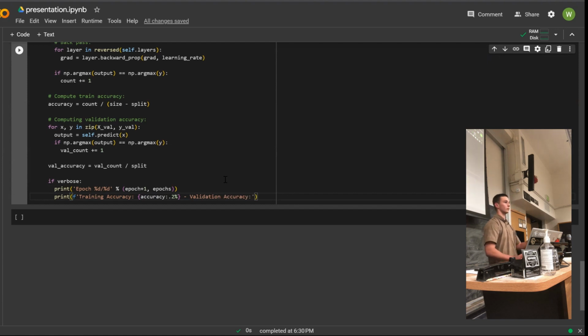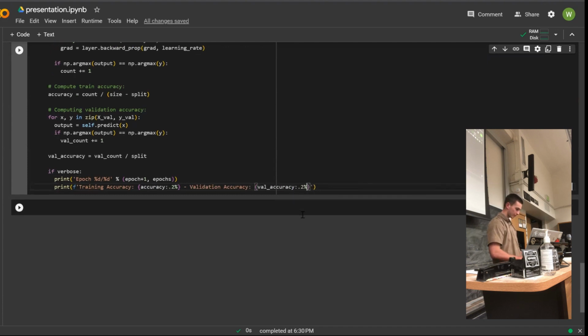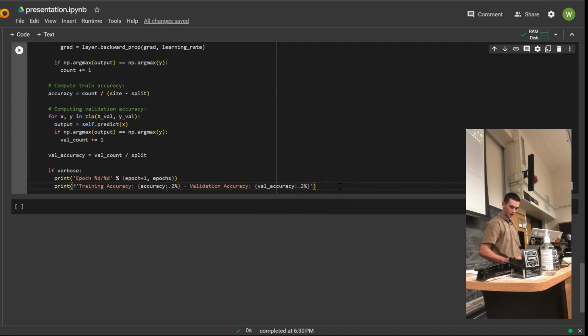So this is just some print statement formatting. This is just saying I want it as a percentage with 2 digits of precision. Okay.